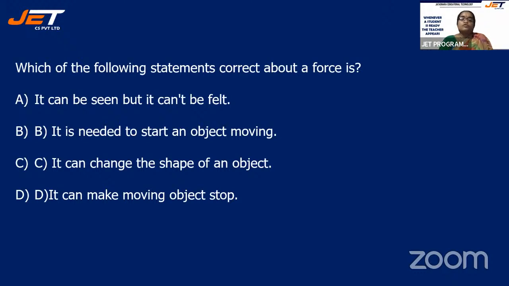Next one, which of the following statements is correct about a force? It can be seen but it can't be felt. It is needed to start an object moving. It can change the shape of an object. It can make a moving object stop.